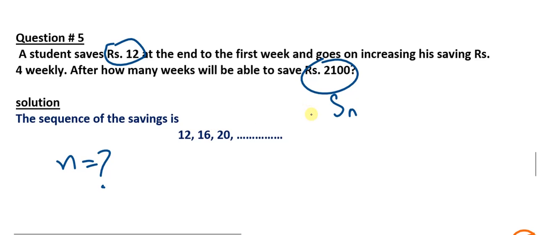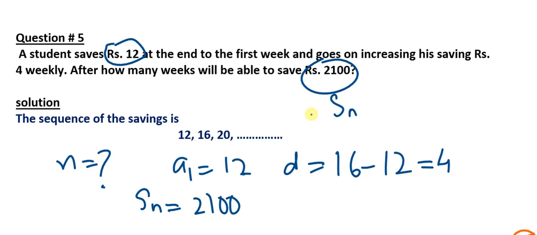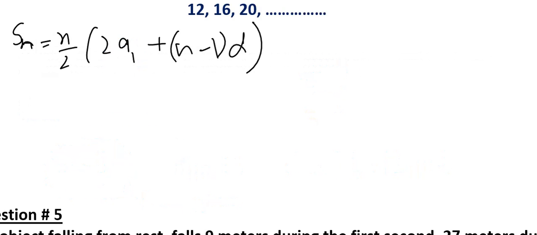Similarly the sequence goes on. You can see that a1 is equal to 12, d is equal to 16 minus 12, which is 4, and Sn, the total, you know, is equal to 2100. You have to find n. Now just put the values in the formula.